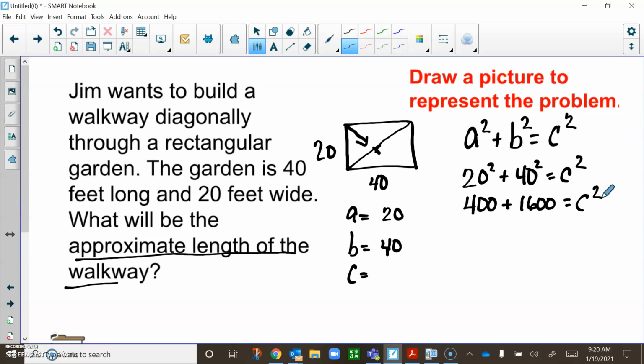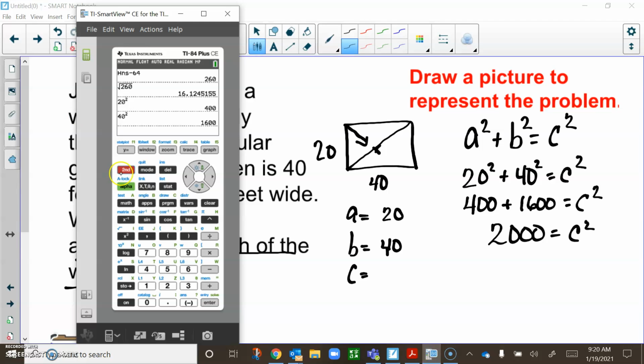You follow what the formula says, okay? So now we have 2000 equal to C squared. I'm going to find the square root of 2000. And you get 44.7.